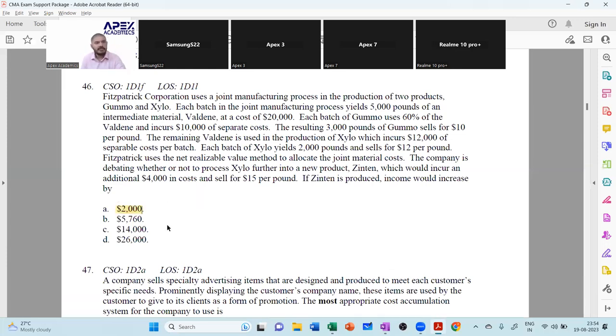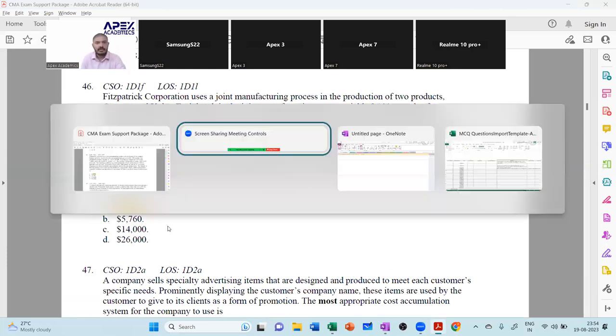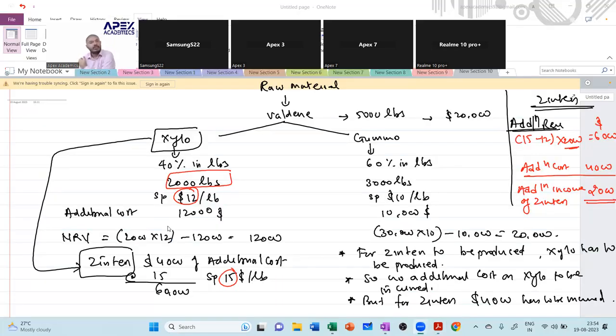Are you with me on that? Here you go. Additional income of Zinten is 2,000. Take a screenshot. I forgot, what is the question number? 46. This is your question 46. The answer is 2,000.